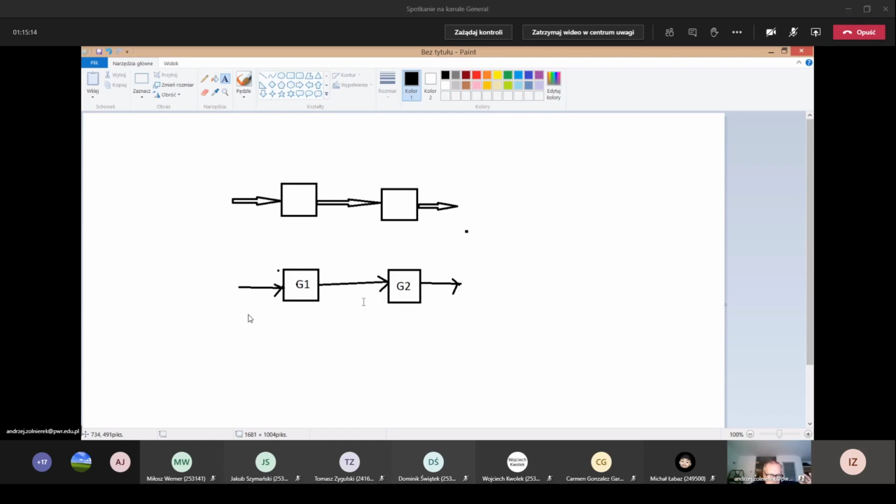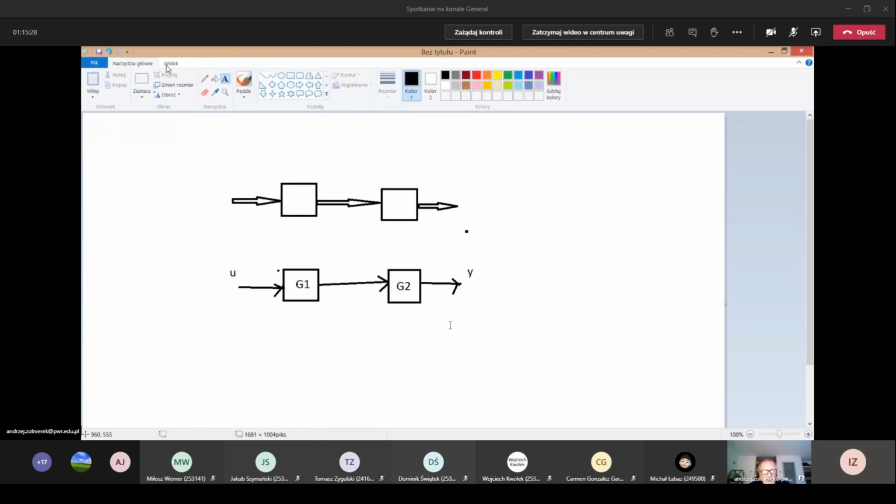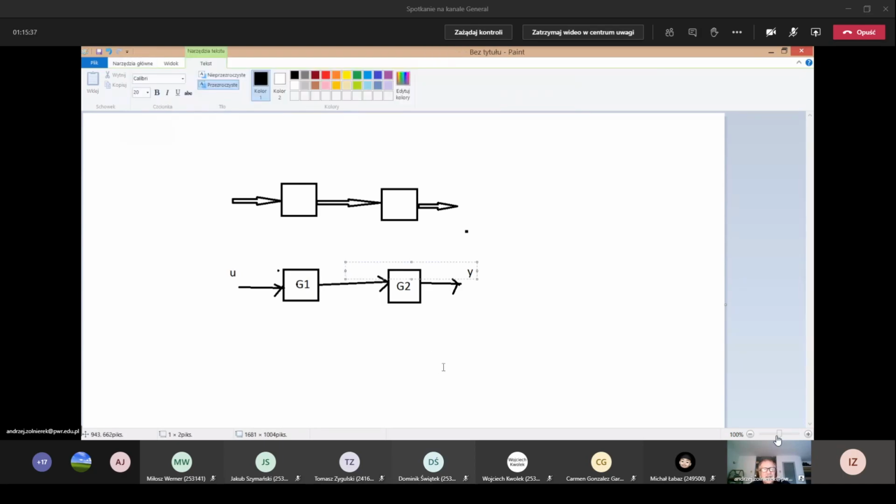So let's do it here. How to derive this formula? Of course, here we have the input u, and here we have the output y. Because these elements are connected with each other, we should denote this value which is inside of this system by certain letter. For example, I will denote always these inside values by W, W with index when there are more than one inside values.